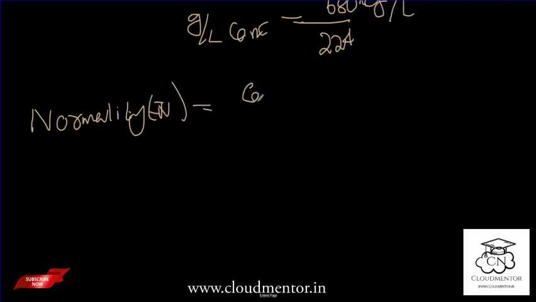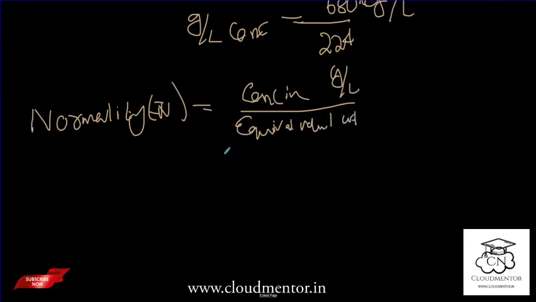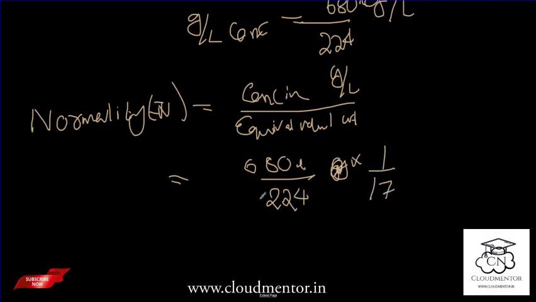So we get gram per liter as 680x divided by 224, multiplied by 1 by 17, since the equivalent weight of H2O2 is 17.